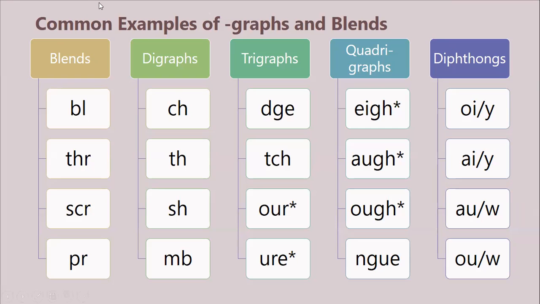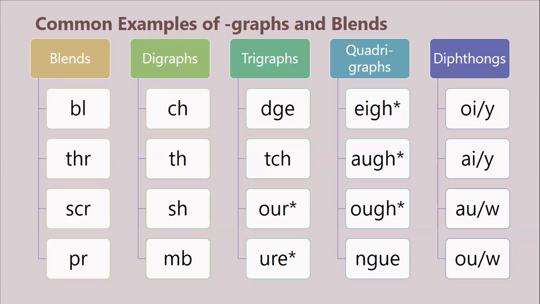So this is just a list of examples, common digraphs and blends. Again, a blend is a consistent combination of letters where you hear all of the distinct sounds. So the BL is common, well, actually, this blend is made up of a digraph and a separate letter. And then a digraph.